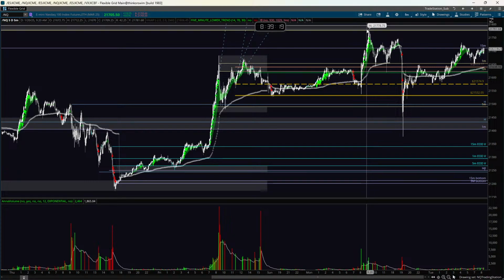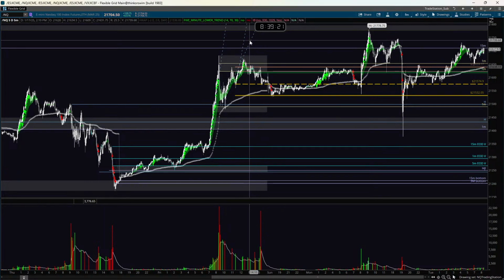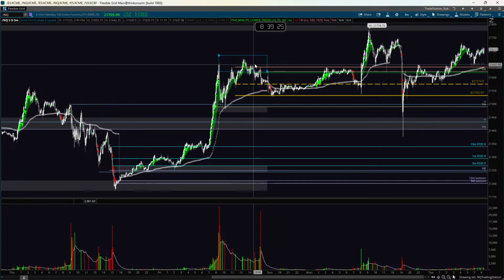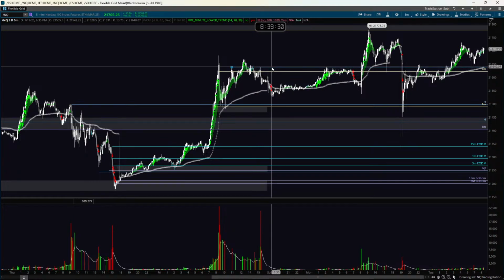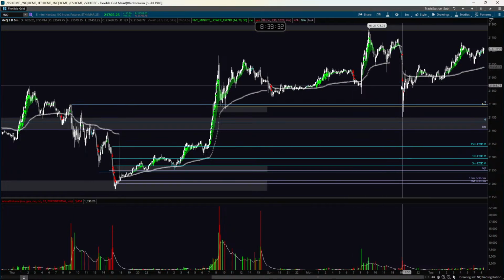Nice hit up here on this level. See that we went up with volume. Just looking at an absorption play. We went up with RSIs, not with volume.